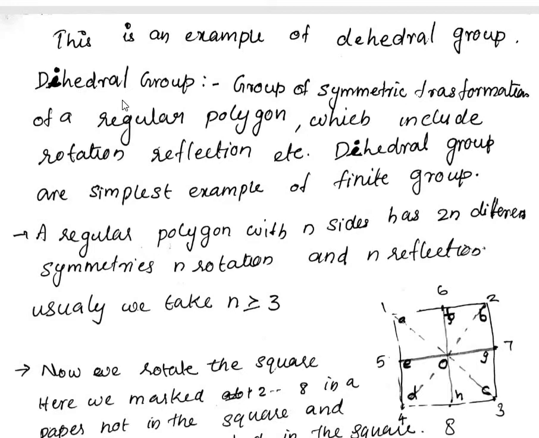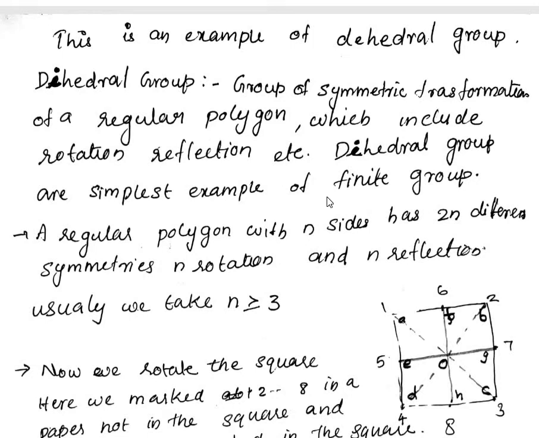So a dihedral group is the symmetric transformation group of a regular polygon. A regular polygon may be a triangle, a square, or anything like that.